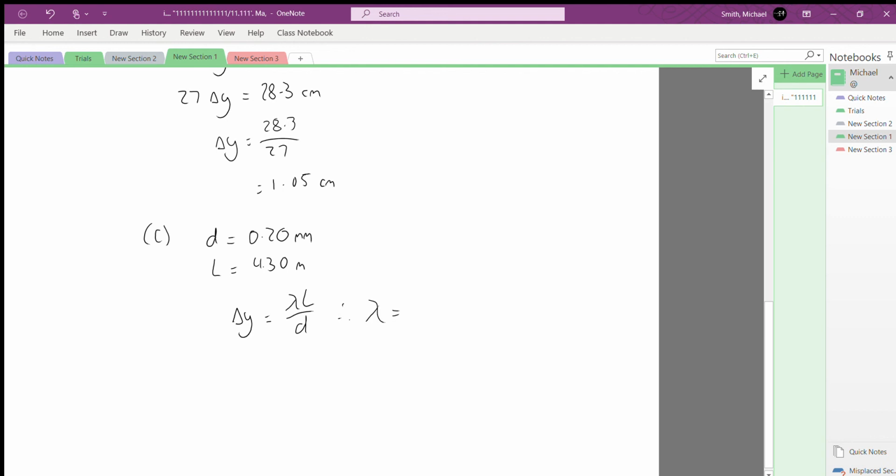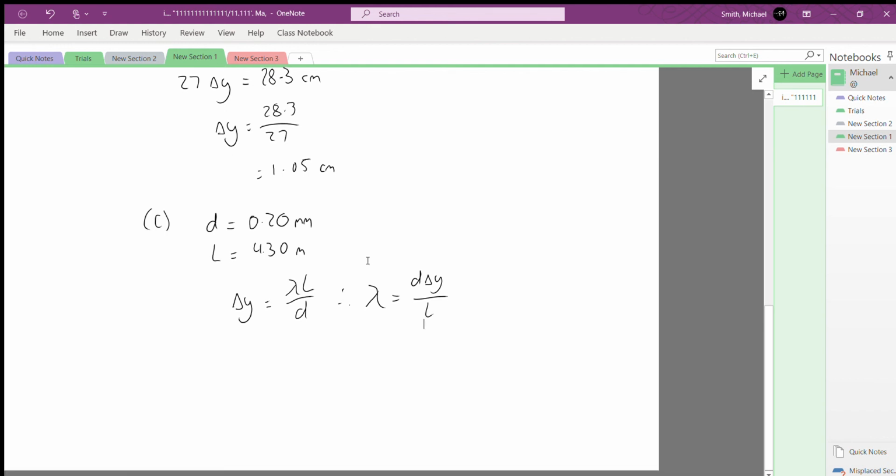So we're using the relationship delta y equals lambda L on D. Therefore, lambda equals D multiplied by delta y divided by L. And now we just substitute our values. We have D from the question is 0.2 millimeters, so 10 to the minus 3 meters.